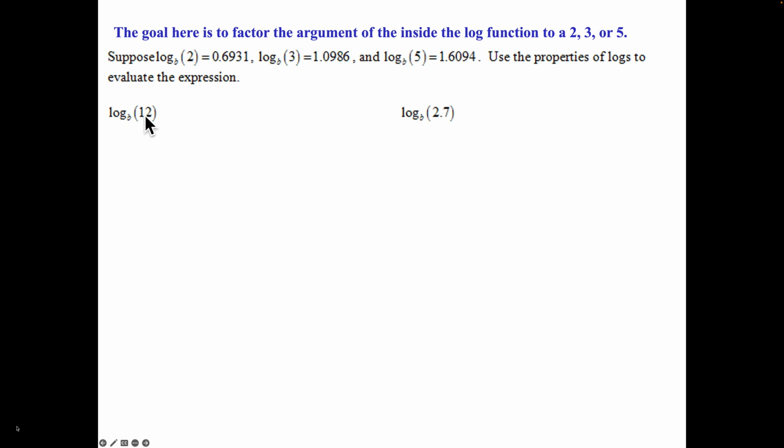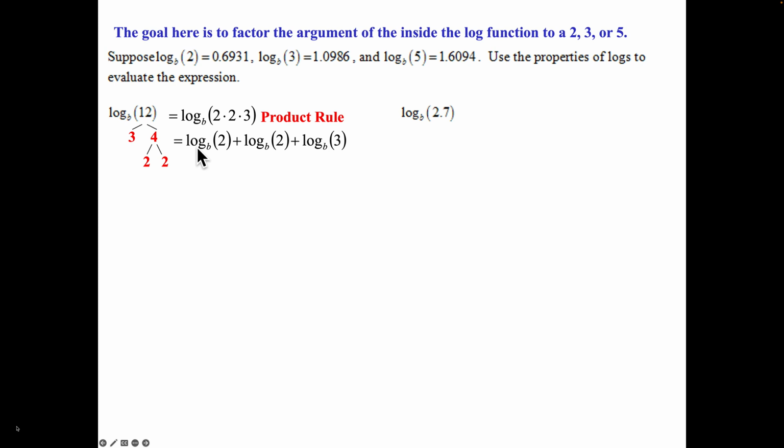My 12, I want to break that down. Let's go 3 and 4. 4 is 2 times 2. So this can be rewritten as log base b of 2 times 2 times 3. That's the product rule. So I can rewrite this as 3 individual logs, log base b of 2 plus log base b of the second 2 plus log base b of 3.